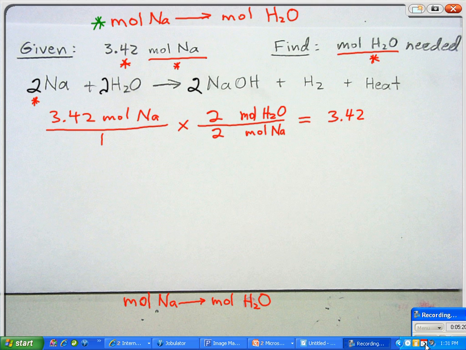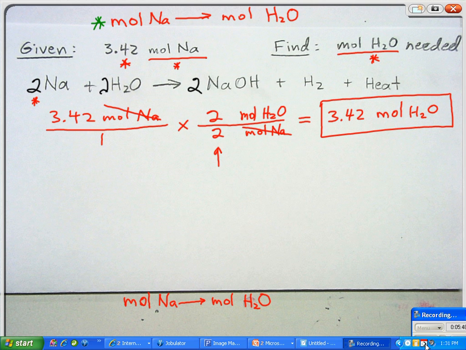Because the coefficients at this position are going to cross each other out because they're the same number. So it's like multiplying that thing by 1. And here we're going to also cancel out our units of measure to have 1 unit of measure left, and that's moles, and that's moles of water now instead of moles of sodium, which we started out with. And there we have our final answer.